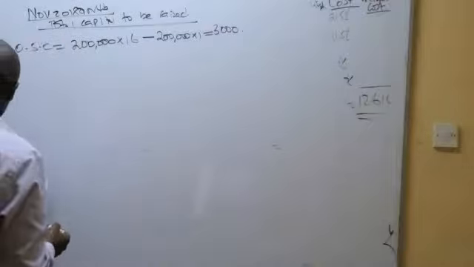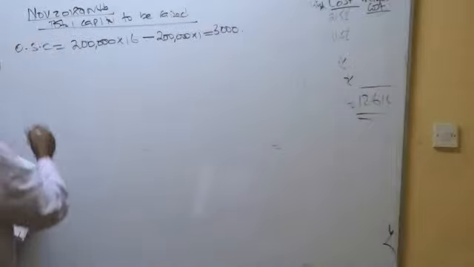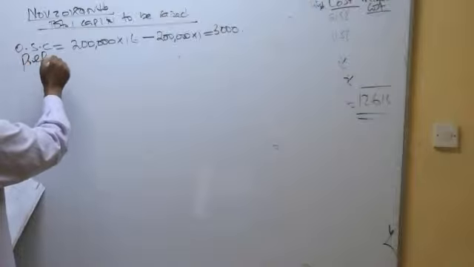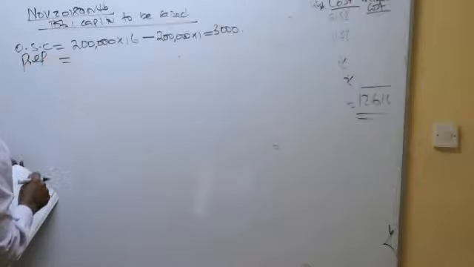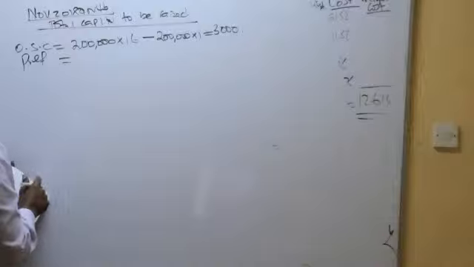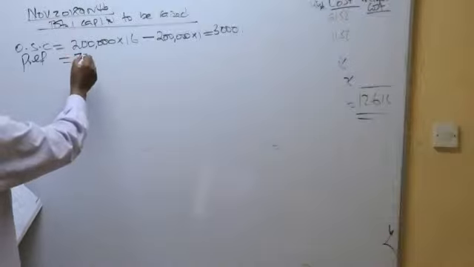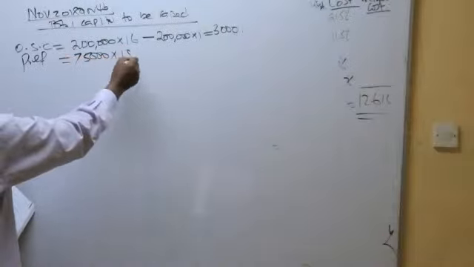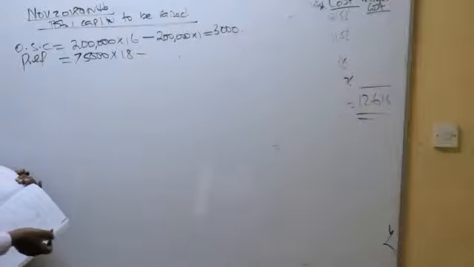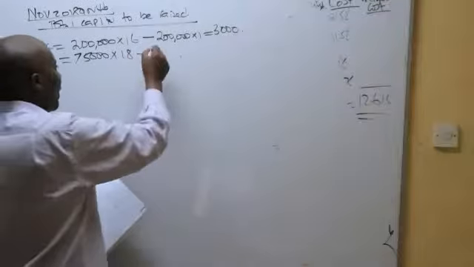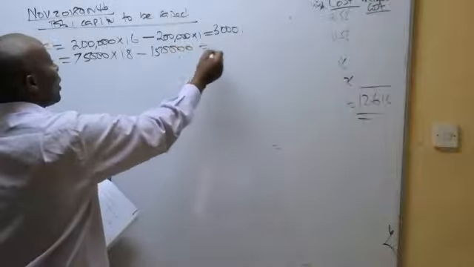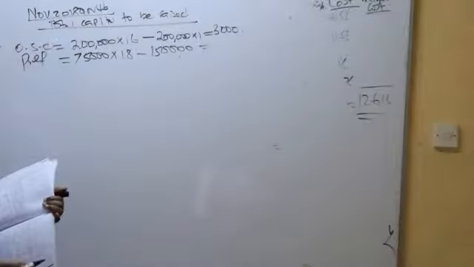Go to the next vehicle. The next vehicle here is called preference shares. For preference shares, what do we have? They have told us to issue 75,000, and I can see the market price is 18, minus the total flotation cost of preference shares, which is 150,000. So could you kindly give me the final answer in shillings thousands?